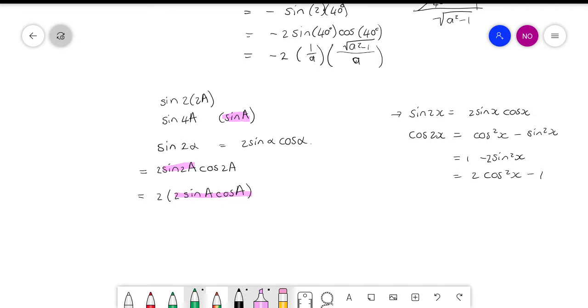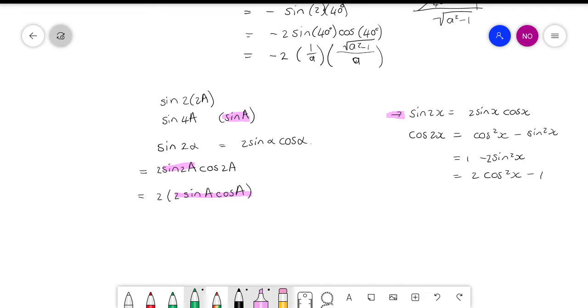No, okay. Remember when you have sine of 2 times an angle, you use this one to say sine of 2 times an angle I can write as 2 sine A cos A. So sine 2A I wrote as 2 sine A cos A.